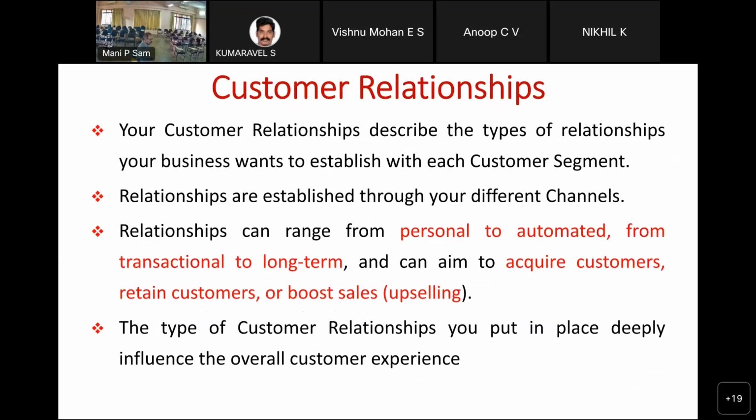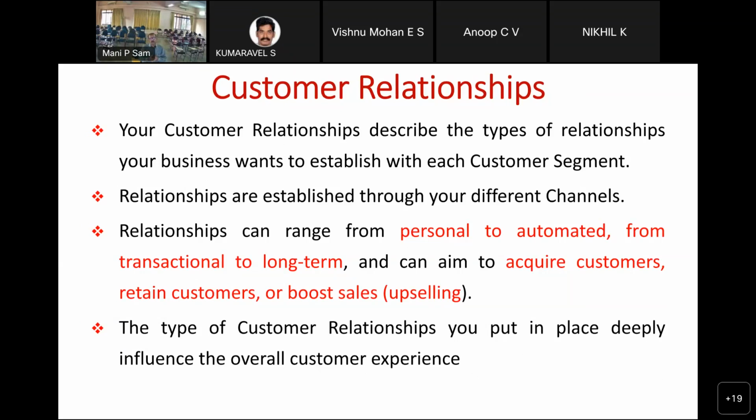The most important thing in any business is customer relationship. So the relationships are very important because that is what enables you to understand the customer requirements and changes in customer requirements, as well as the customer experience, how he felt about dealing with your company as well as your product.